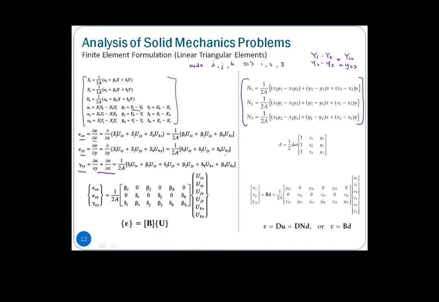So we are finding the derivative of the displacement field u with respect to x. Since our shape function is a function of x and y, we are basically finding the derivative of the shape functions, del Si del x, which gives us beta I.